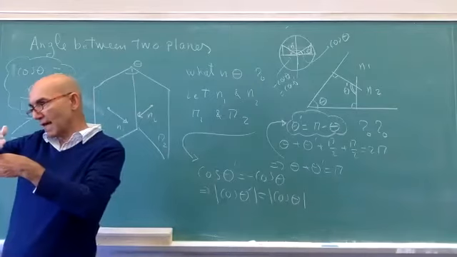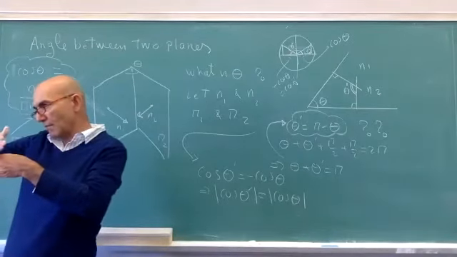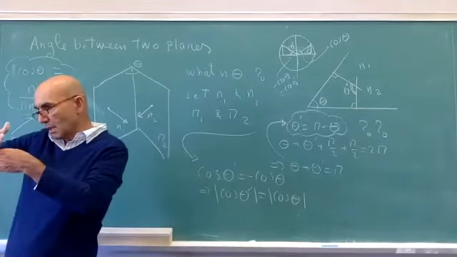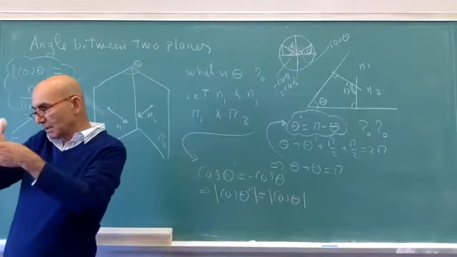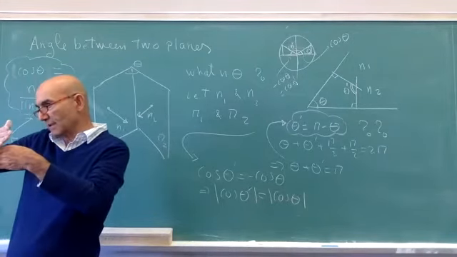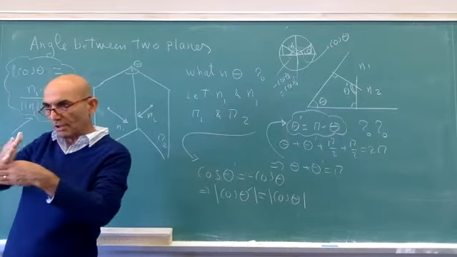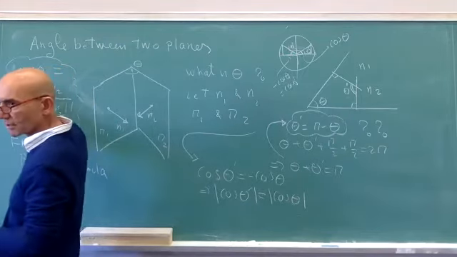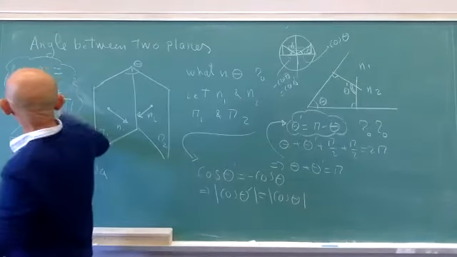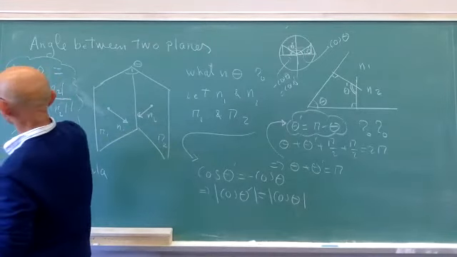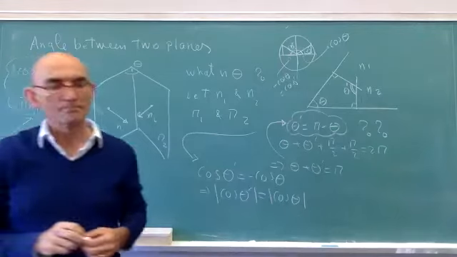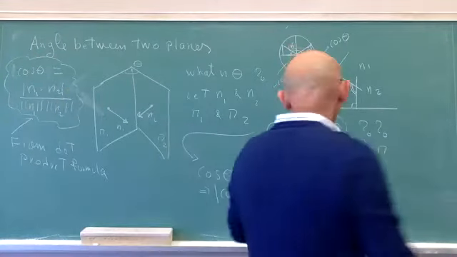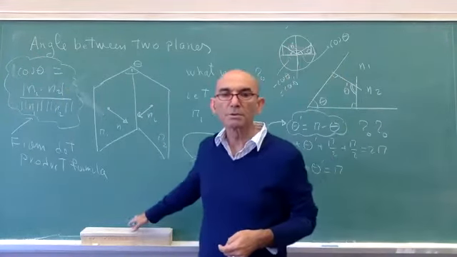You can have two planes. One of the angles is bigger than pi over 2, the other one is less than pi over 2. So if you want to compute the one that's less than pi over 2, you don't even have to do this. Anyhow, any comments or questions?